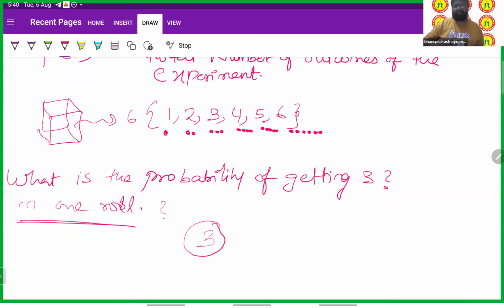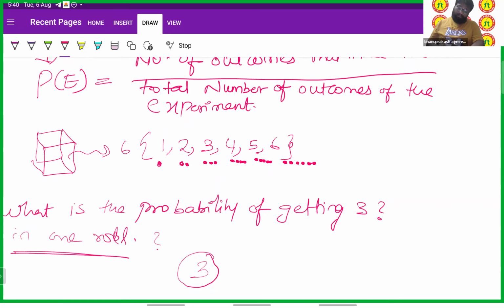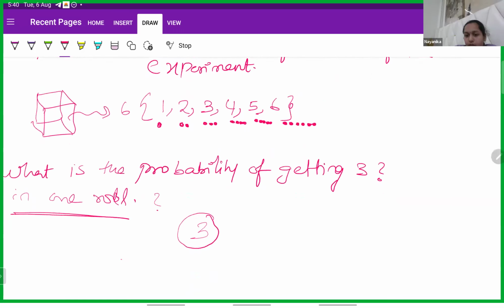If I roll a dice one time, I will get 3. Then the total number of outcomes of the experiment. How many outcomes do we have? 6: 1, 2, 3, 4, 5, 6. Correct.